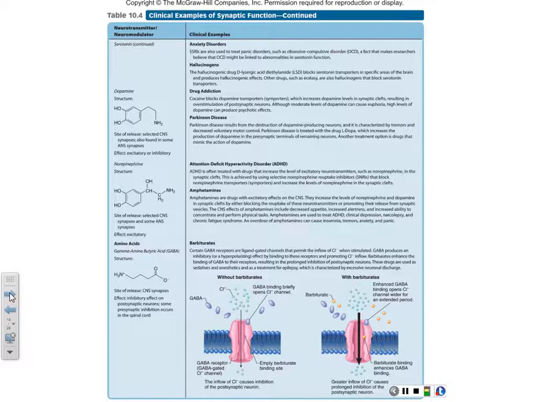So the way they treat some of these things like Parkinson's disease, what do they do? They have molecules that mimic dopamine. Sometimes they use L-dopa, which then causes production of more dopamine. Because only dopamine will be accepted up in the brain.